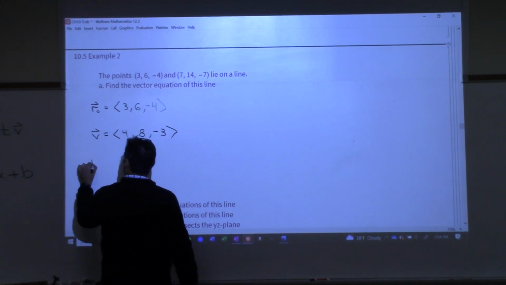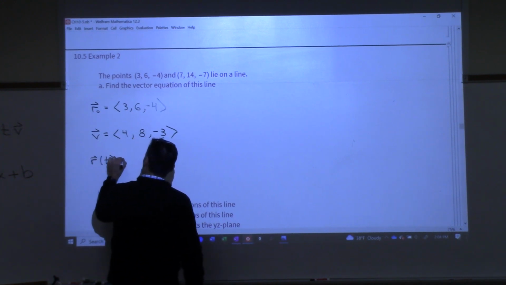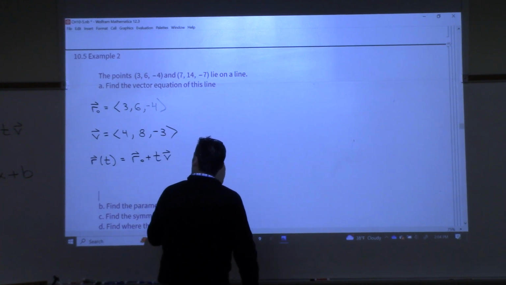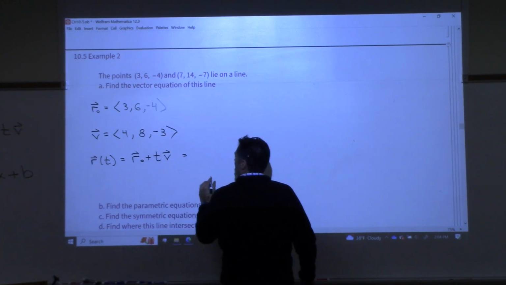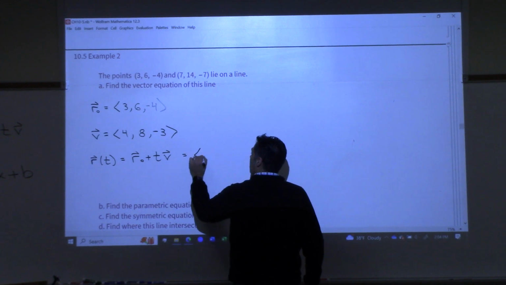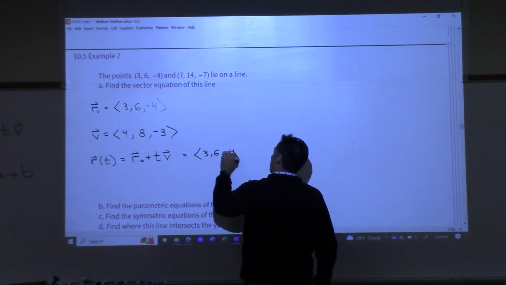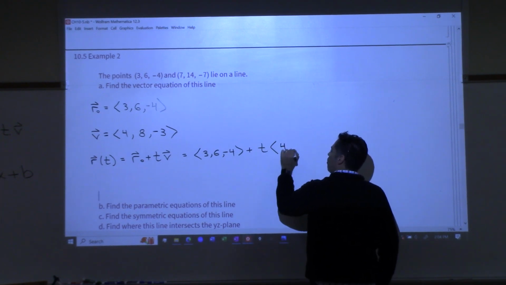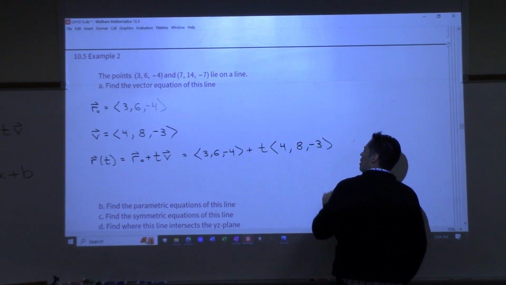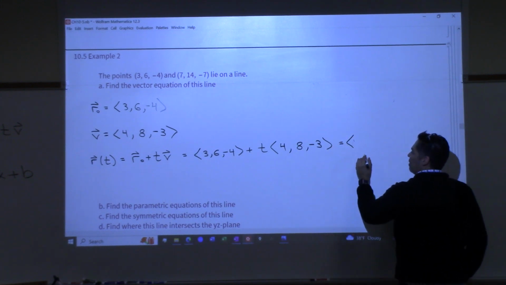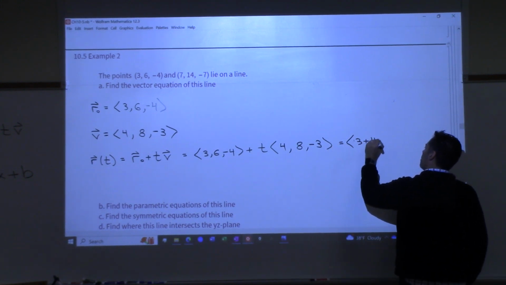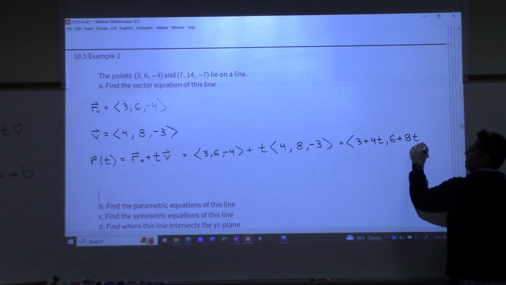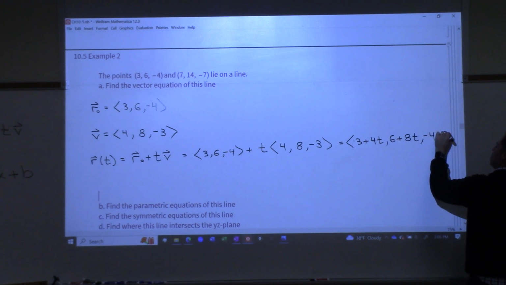So now r of t is equal to r0 plus t times v. And that is now, let's see, 3, 6, negative 4, that's my r0, plus t times the direction vector, which is 4, 8, negative 3, which can also be written as 3 plus 4t, 6 plus 8t, negative 4 minus 3t.